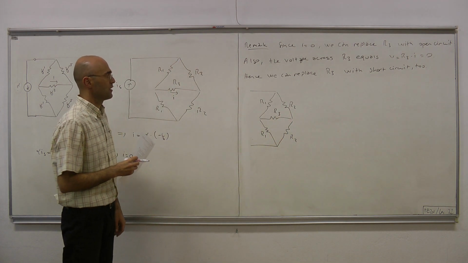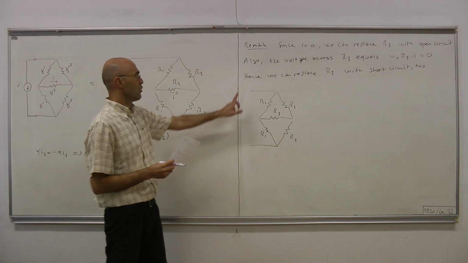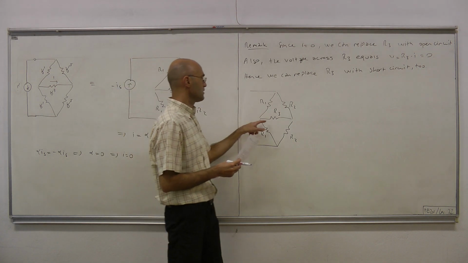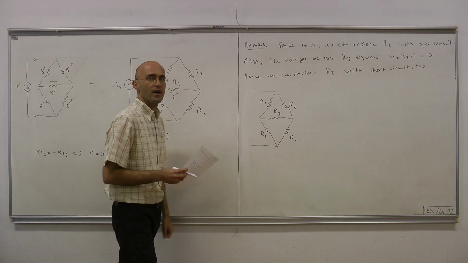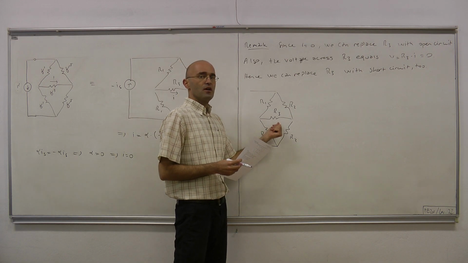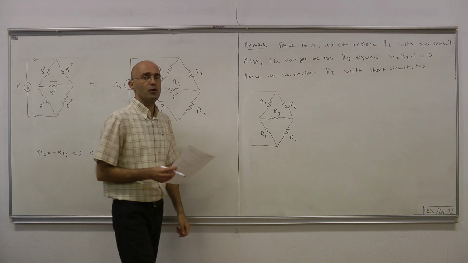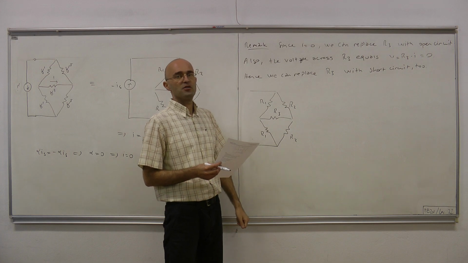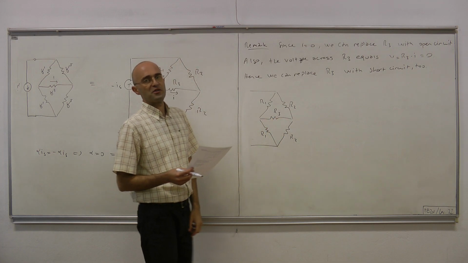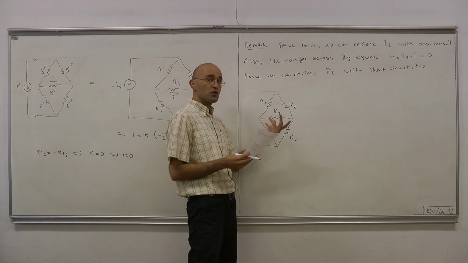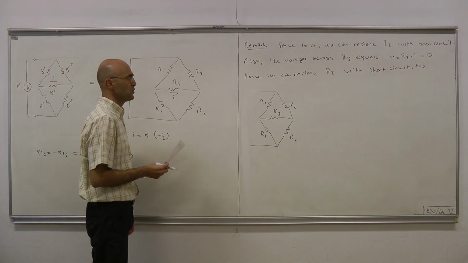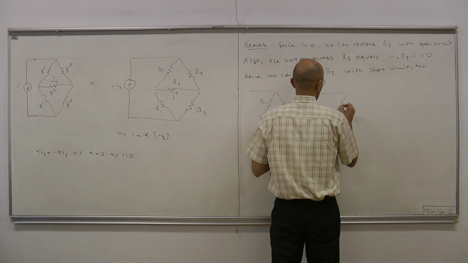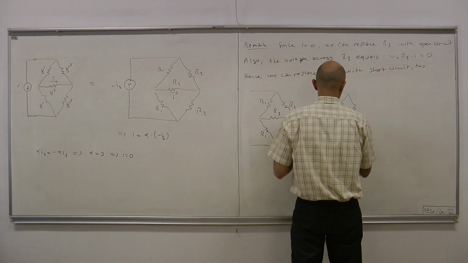And now we have just discovered that no matter what you connect to the port terminals, there will be no current through R3. Therefore, this resistor will always act like an open circuit. Or, since there is no current, resistance times current is the voltage, the voltage drop is also always 0. Therefore, this resistor also acts as if it's a short circuit. So this is equivalent to either of the following cases, or both.